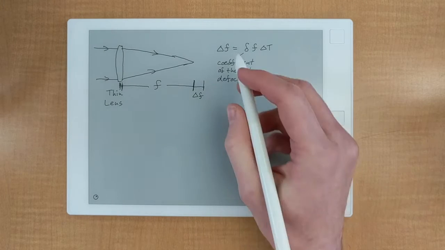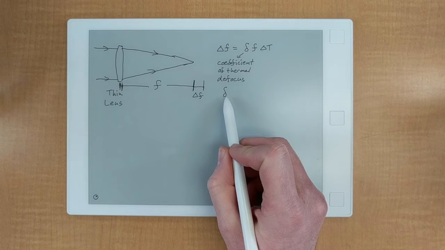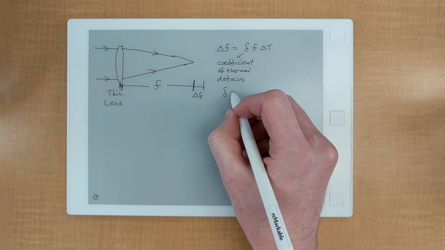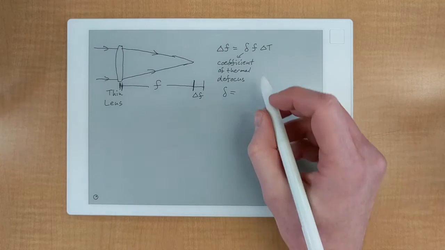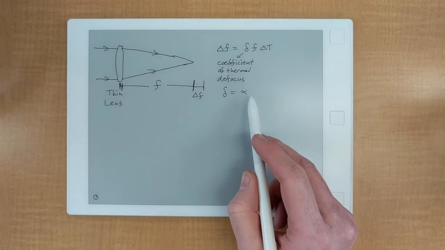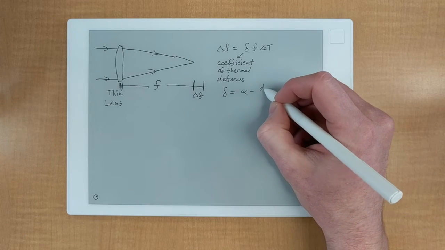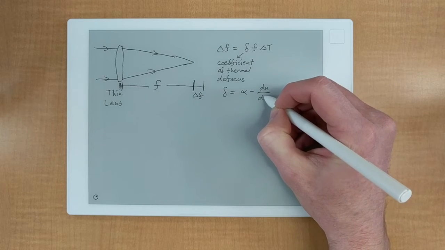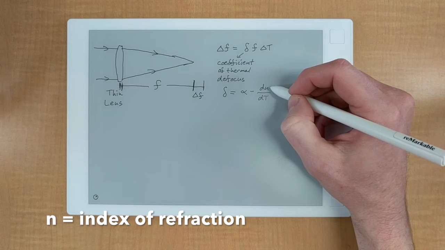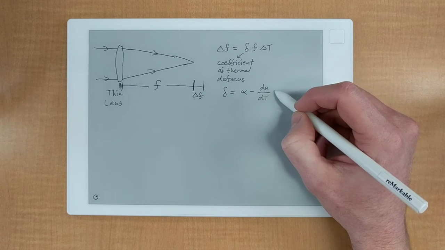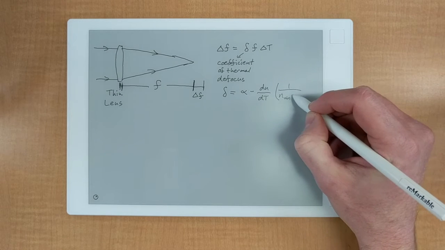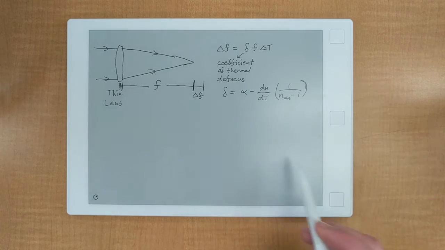Now if we take a closer look at delta, delta is a combination of two, or actually three material properties. So delta is defined as the thermal expansion coefficient of the lens material minus dN dT, where n is your index of refraction, and that times 1 over n absolute, which is your index of refraction, minus 1.